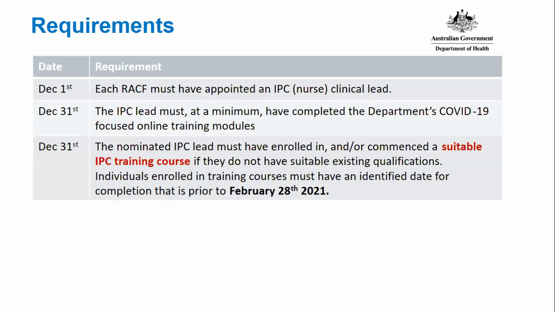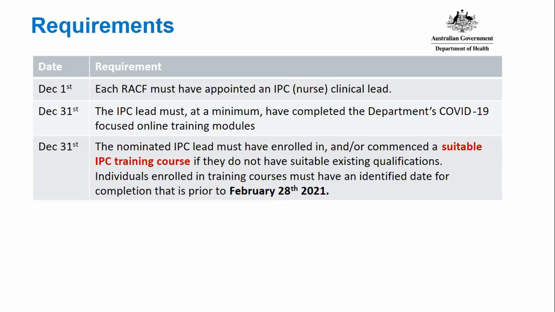Almost immediately, all recommendations were accepted by the government, and in a recent letter sent to all aged care providers from the Department of Health, it was noted that each facility must have appointed an IPC nurse clinical lead by December the 1st.